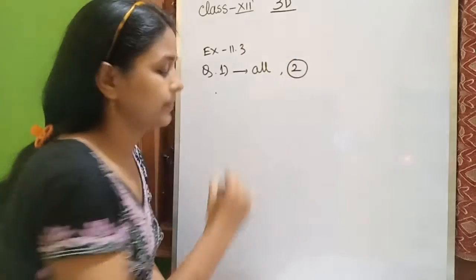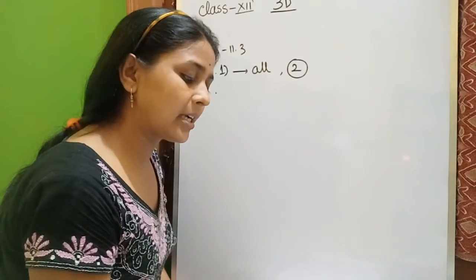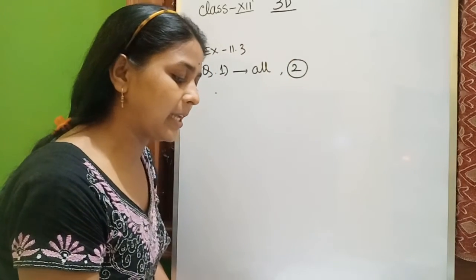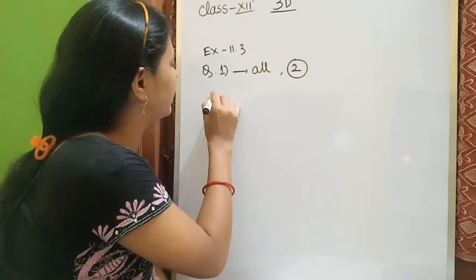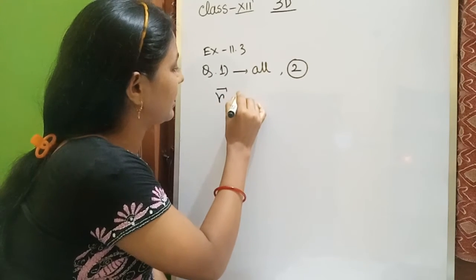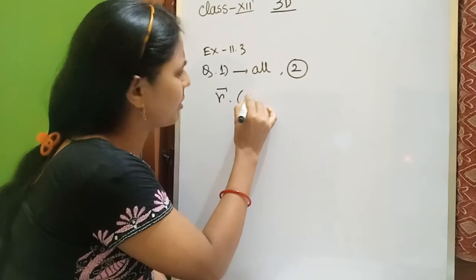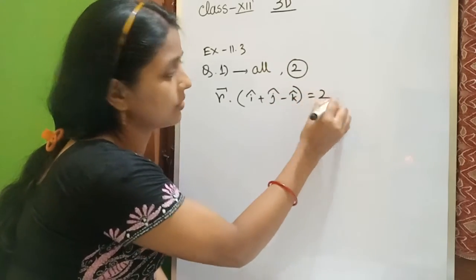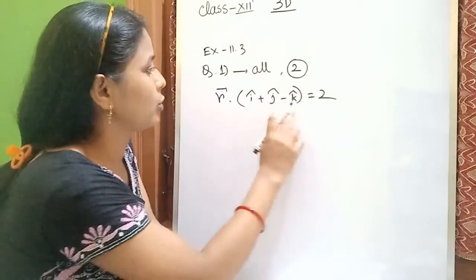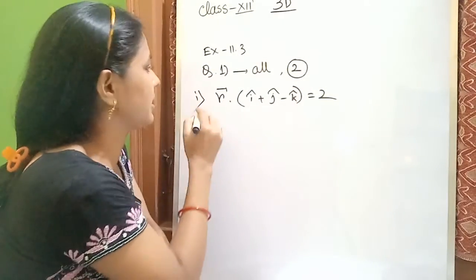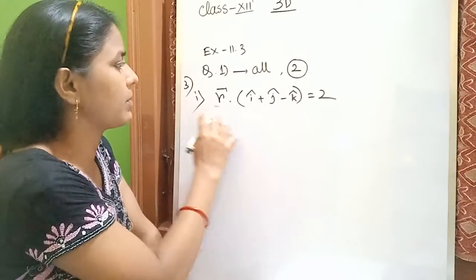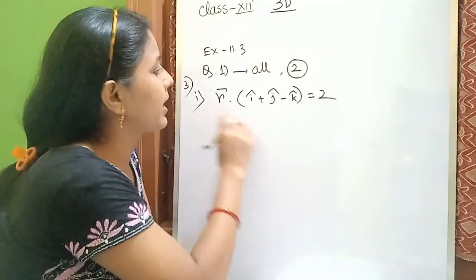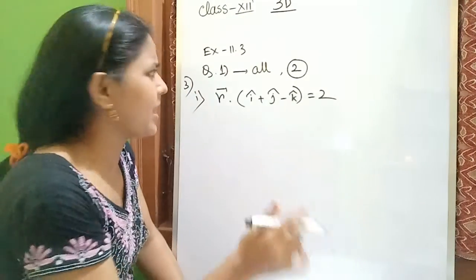Then question number 3: find the Cartesian equation of the following planes. They are given in this form, like number 1 I am writing. You need to find its Cartesian form. It's very simple.